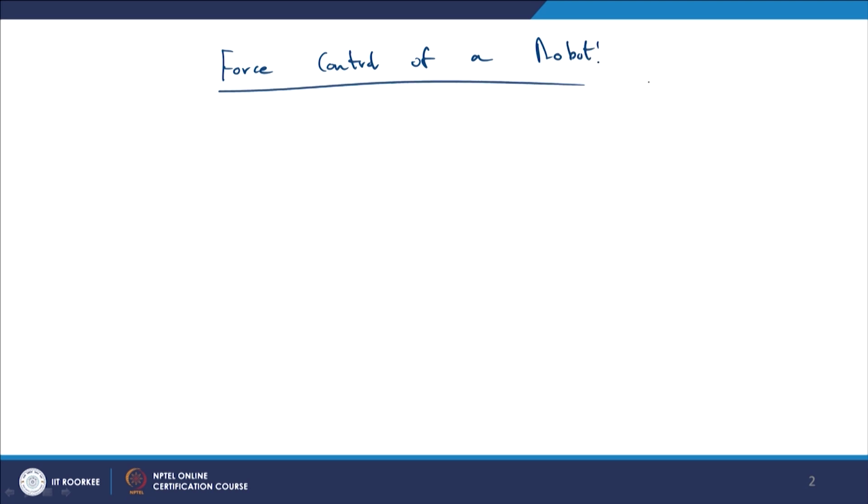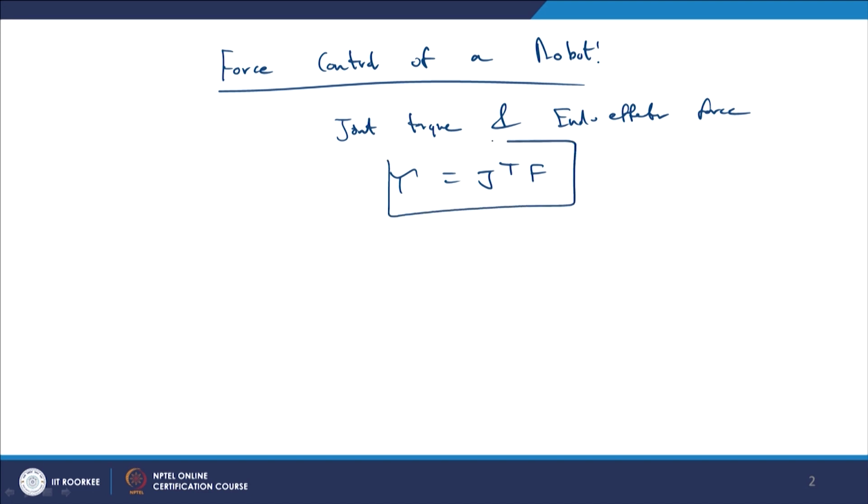So, force control of a robotic system. Before that we should know how the joint torque and the end effector force are related, that is by the static relationship tau equal to J transpose F. We can have this relationship between the joint torque and the end effector force through the Jacobian transpose relationship.